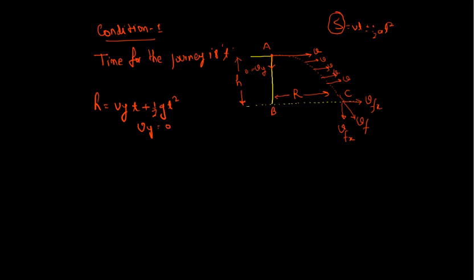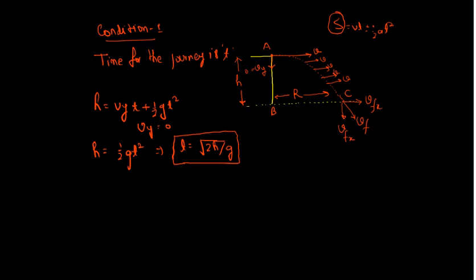So h is equal to half gt square, and in this case I can write t is equal to square root of 2h divided by g.